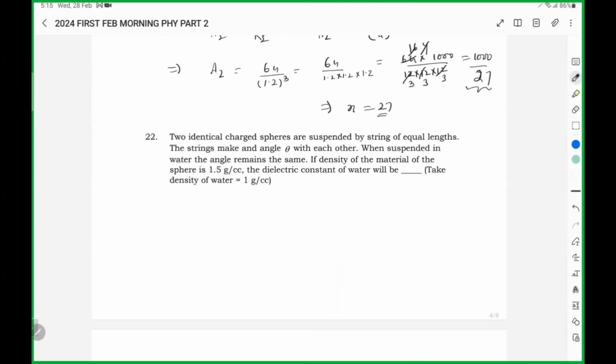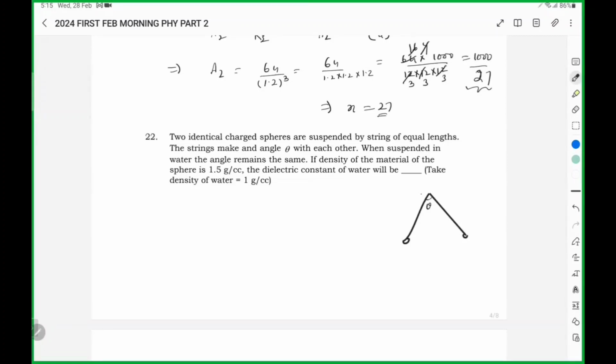Two identical charged spheres are suspended by strings of equal lengths. These are two strings separated by an angle theta.